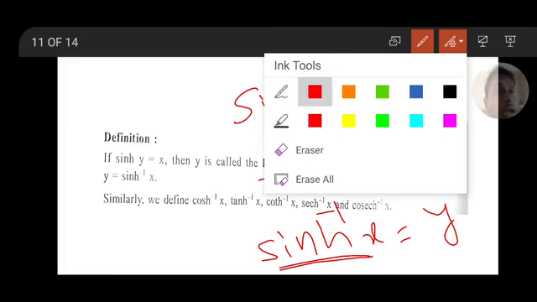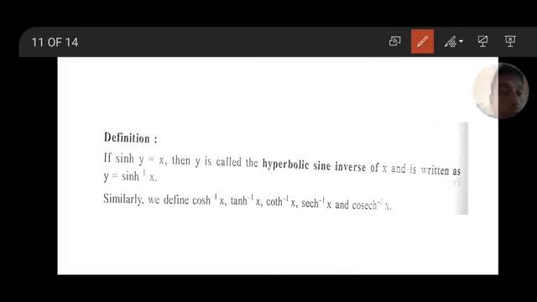In trigonometry also we have inverse trigonometric functions, sin inverse x, cos inverse x. We will discuss those in the next chapters, in the next 6th unit. Here only inverse hyperbolic functions. Similarly we can define cosh inverse x, tanh inverse x, coth inverse x, sech inverse x, and cosech inverse x.